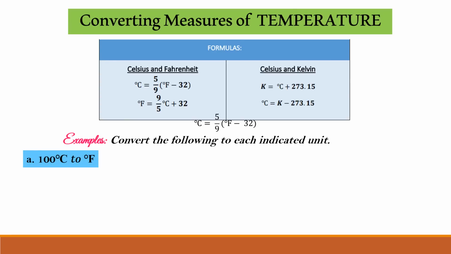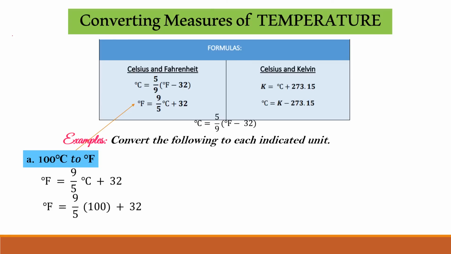For example A, we are going to convert 100 degrees Celsius to Fahrenheit. For this, we are going to use the formula degrees Fahrenheit is equal to 9/5 times our temperature in Celsius plus 32. Using that formula, we substitute the given value in degrees Celsius.